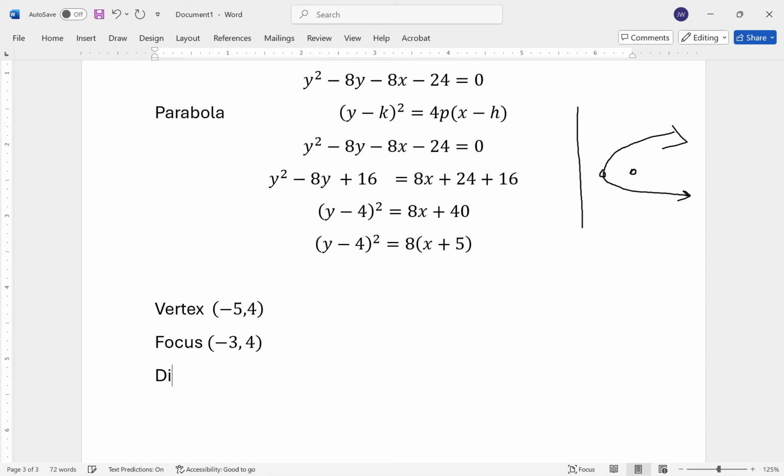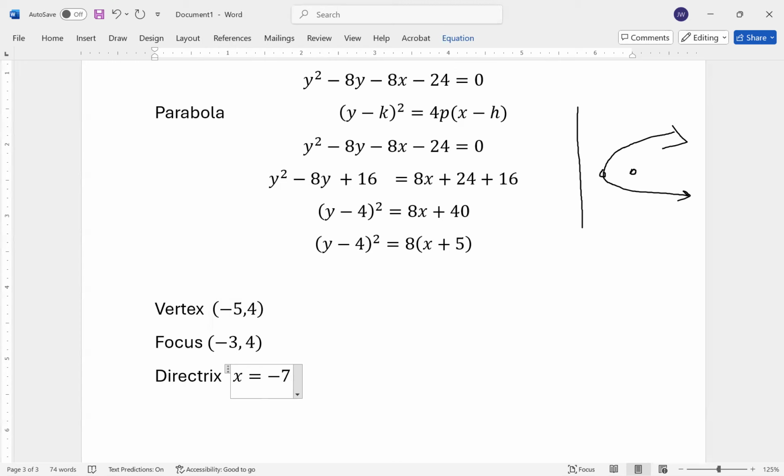And then the directrix is a vertical line. So that's going to be of the form x is equal to a number. And that's going to move 2 units to the left of my vertex. My vertex has x value of -5. So 2 units to the left of that is x equals -7.